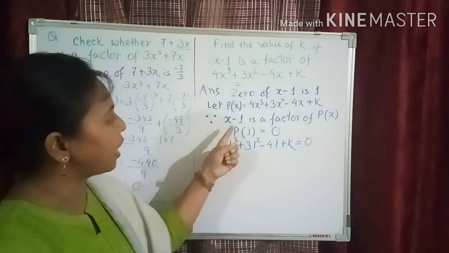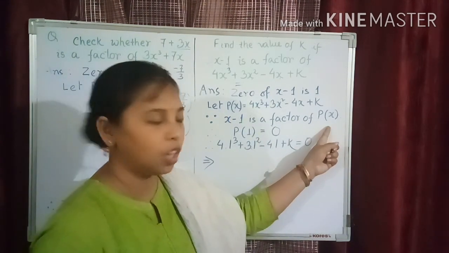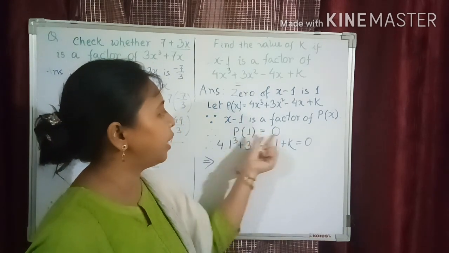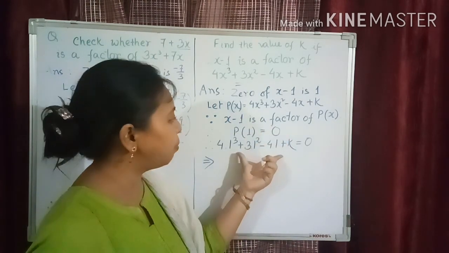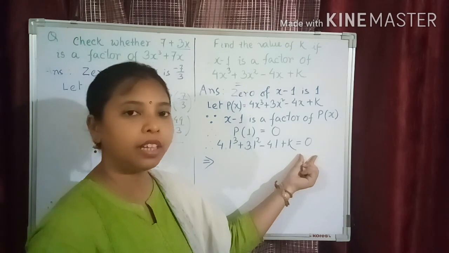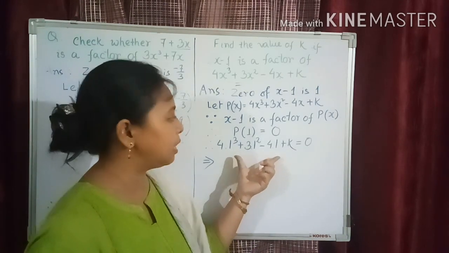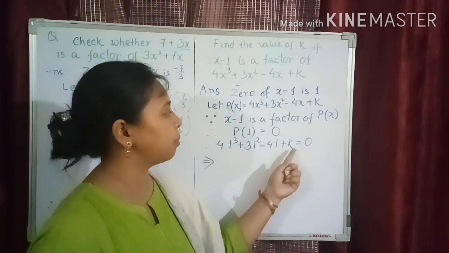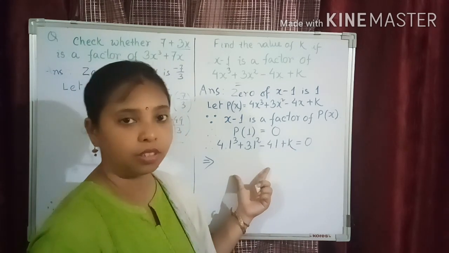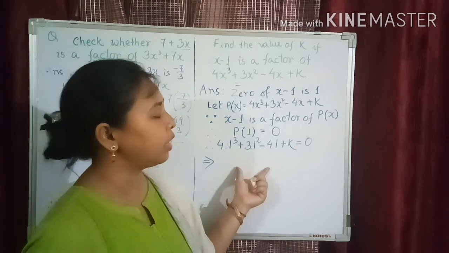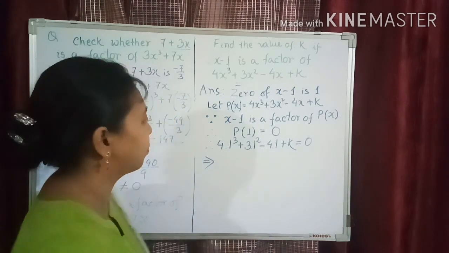Okay, since x minus 1 is a factor of P(x), definitely its zero value, if we put it there, will be 0. Then after putting the value, on the right hand side we will get 0. Now what will we do? We just solve it. Here we simplify it and try to find the k value, because k is unknown on this side. So k equals what? That only we have to find out.